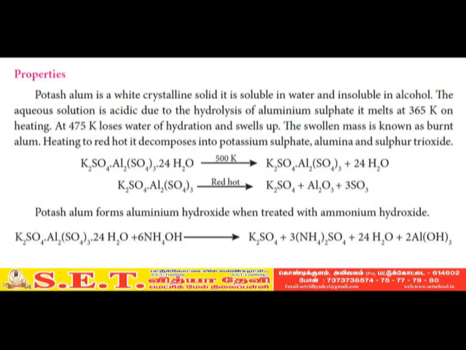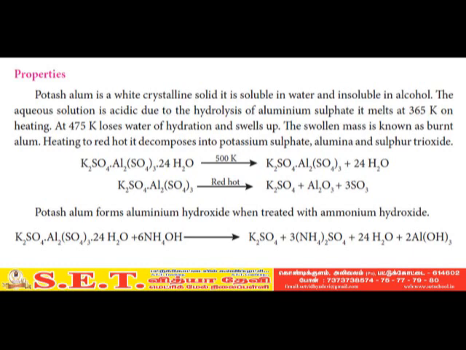Properties. In the properties, only one important question is repeatedly asked, that is burnt alum. Burnt alum means the alum loses its water of hydration and it becomes swollen up, which is called burnt alum.